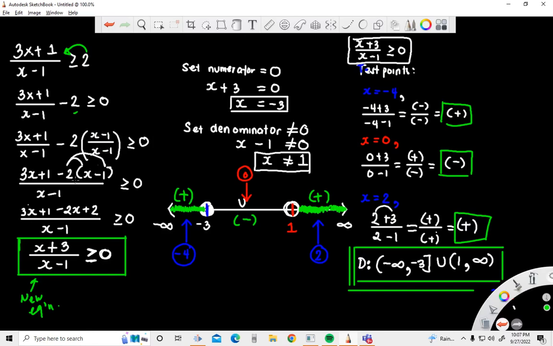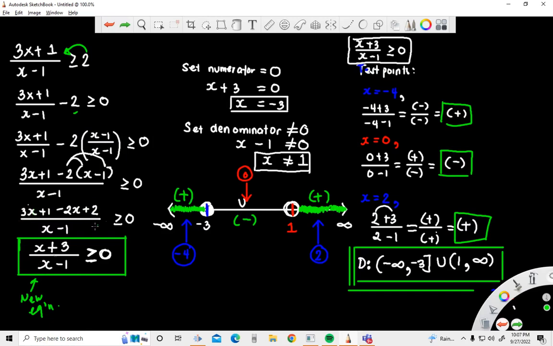Then, same na po ang kanilang denominator. Look at this one. Copy the numerator in here. Same din dito, copy nyo rin po yan. Then, distribute the negative 2.